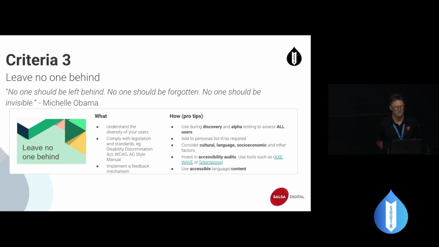Continually ask, who have we missed? Consider cultural, language and socio-economic factors in the service design. Use accessibility tools during design and build. Commission independent accessibility audits. Ensure accessible content is used.